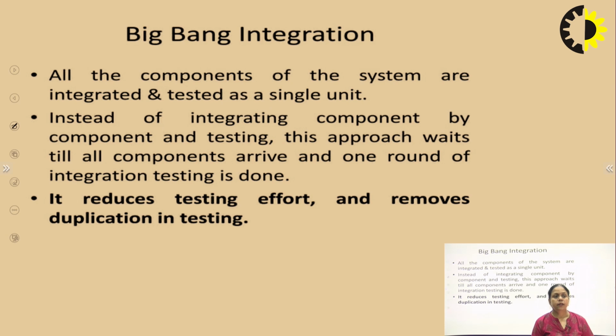So, in this Big Bang integration technique, we will integrate all the modules at a time. We will not integrate the modules as they are created. We will wait for all the modules and then integrate all of them in one go.